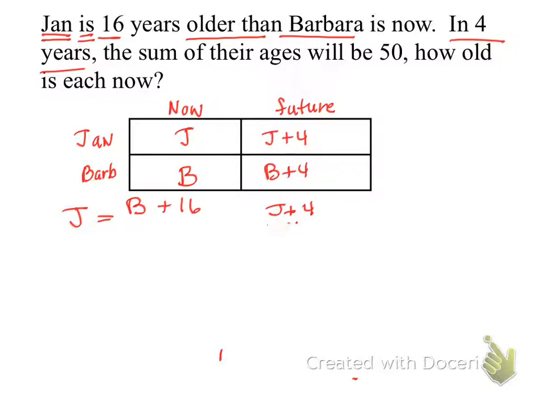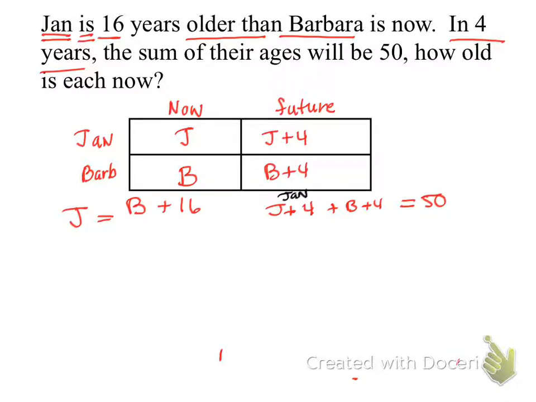In 4 years, the sum of their ages. There's Jan's age in 4 years, plus B plus 4. Keep going. The sum of their ages will be 50. Equals 50. Perfect.